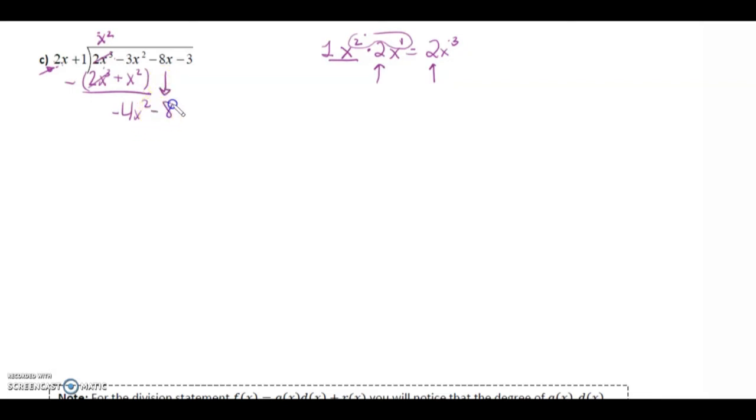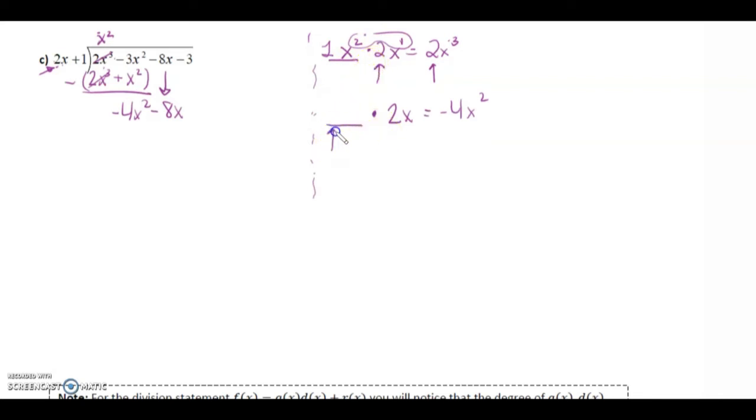Okay, bring down the negative 8x. Now, we're thinking what number times 2x is going to give us negative 4x squared? And guys, this is just on the side of your paper, or you could do this in your head, depends on how comfortable you are with it.